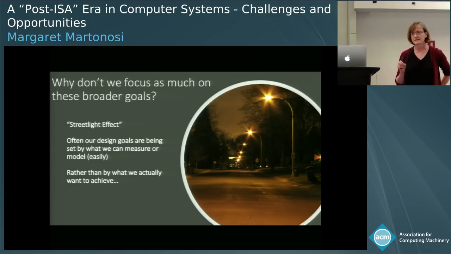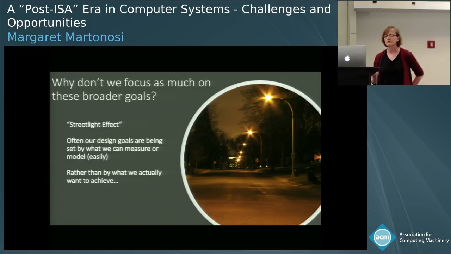So we knew how to quantify performance, and so we did. Unfortunately, right now, to a large degree, some of our design practices are revolving around what is easier to measure or model rather than by what we actually want to achieve. And I'm not saying this is an all or nothing thing, but I do think that there's a chance now to reweight back towards other metrics.